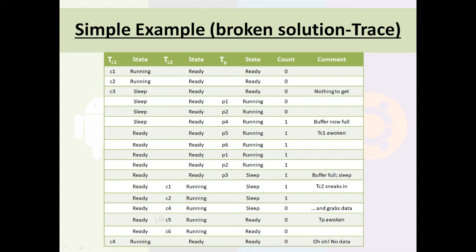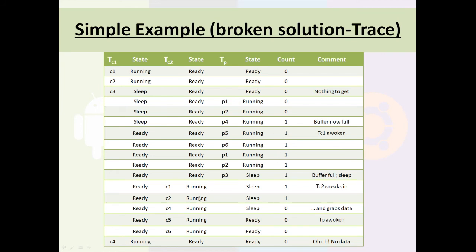But there's no way of knowing that this change of state is the desired change that a particular thread is expecting. So you see when TC1 was running, the count was 0, okay? And then it was put to sleep, so it's currently sleeping, waiting for that change of condition, and it's hoping that when it's reawoken, this variable will be 1. All right, that's the ideal case.